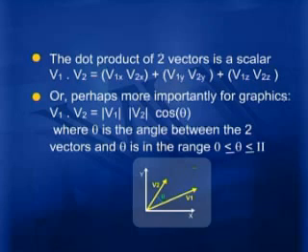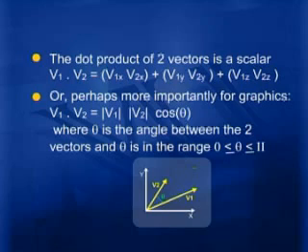So the corresponding coordinates are multiplied and added together to give one value, or alternatively we can evaluate the dot product of the two vectors using another formula which says that v1 dot v2 equals magnitude of v1 times magnitude of v2 times cos of theta, where theta is the angle between the two vectors.